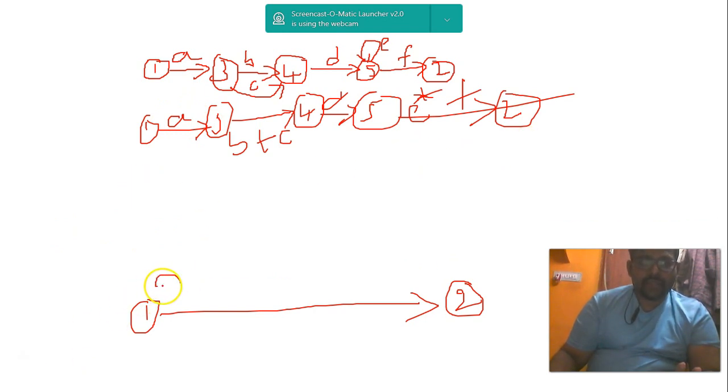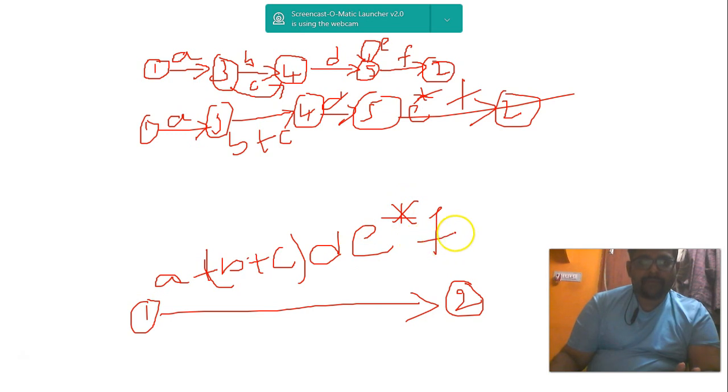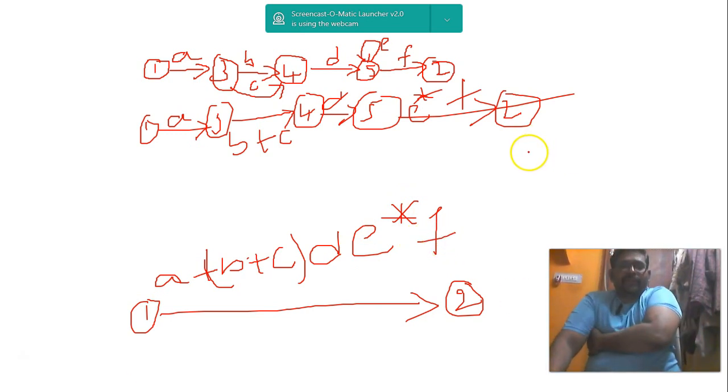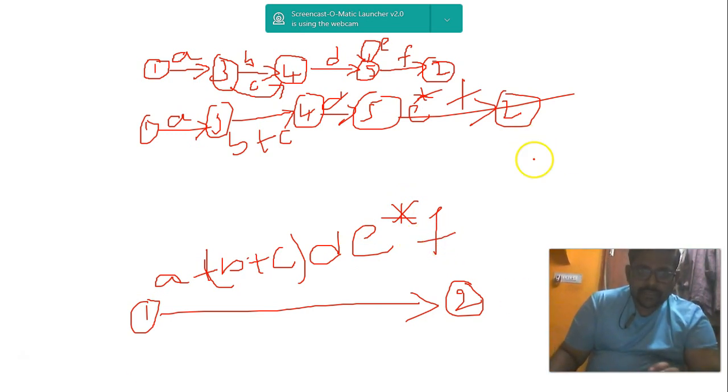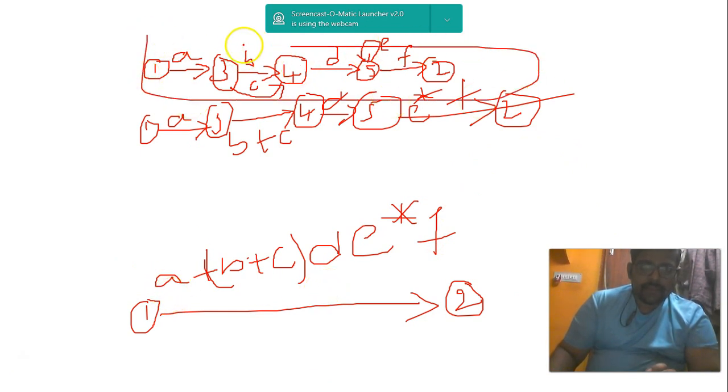So I will get A into B plus C, D, E asterisk F. This will be the path expression for this particular control flow graph.